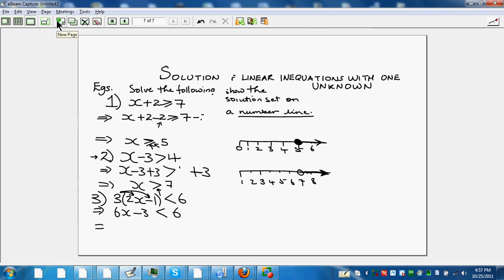So we'd end up with 6x is less than, and if we add 3 on the left-hand side, it cancels out the minus 3. If we add 3 on the right-hand side, we get 6 plus 3, 9. Then what we'll do next is we'll divide both sides by 6. So we'll get 6x divided by 6 will give me x.